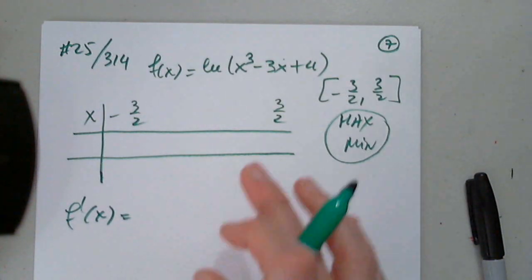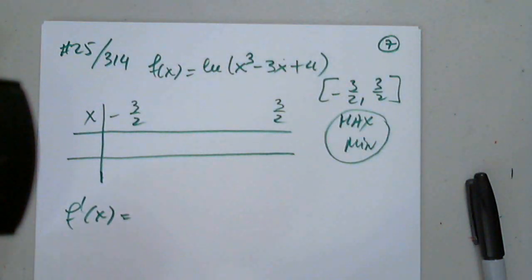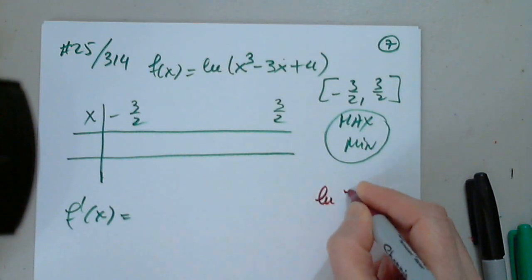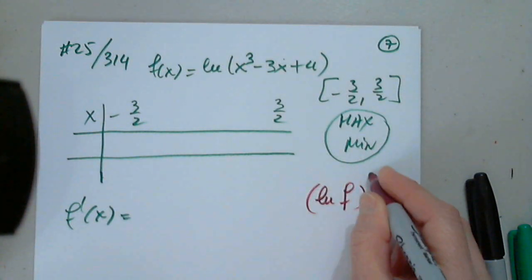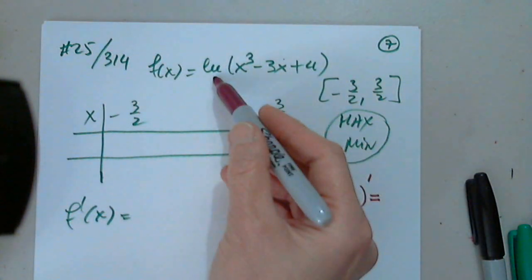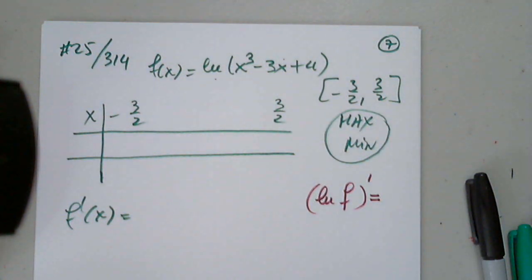Awesome. So can anyone differentiate this log function for us? Careful, 1 second. So when we have the natural log of a function, how do we differentiate this? What is the formula for natural log of a function?